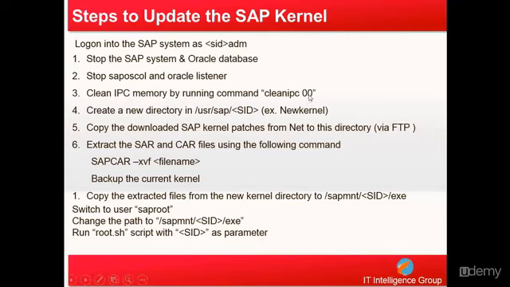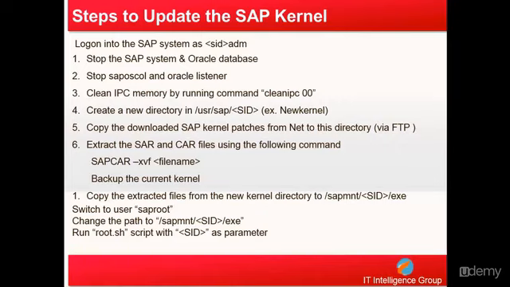For example, if your system number is 01, it will be cleanipc 01. This is just to make sure that the IPC shared memory, messages and semaphores are clean, so there is nothing in the queue.